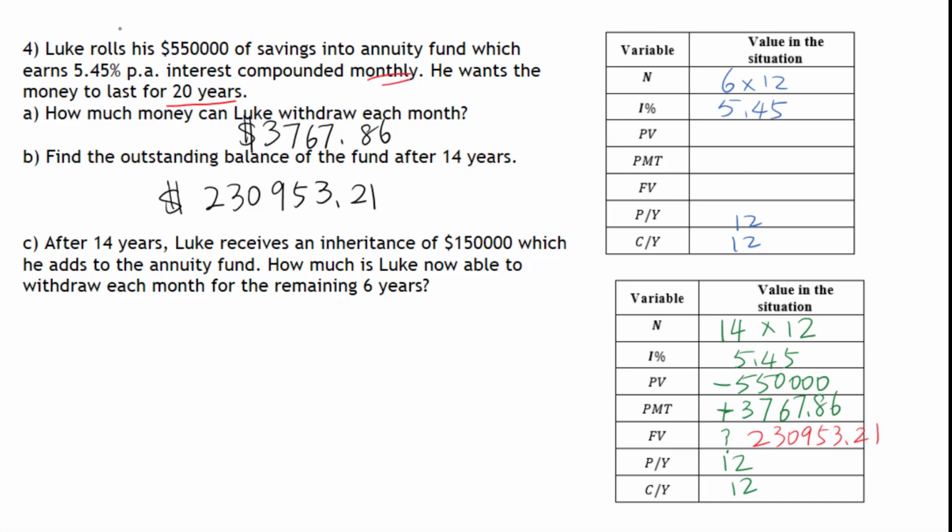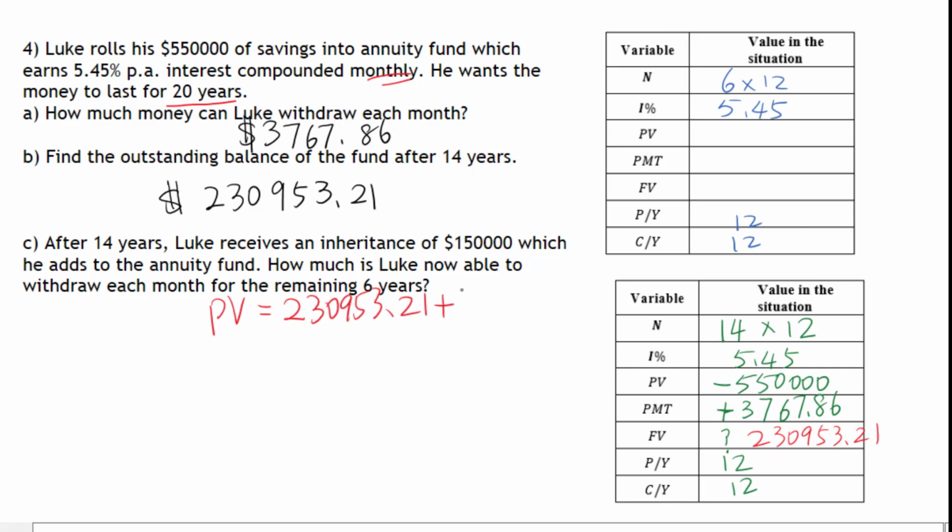First of all, we need to figure out the PV. That equals the outstanding balance plus this $150,000. That equals $380,953.21. So for this, present value will be negative $380,953.21.